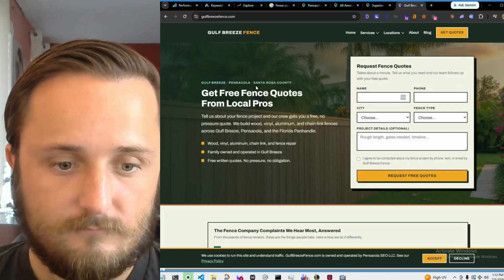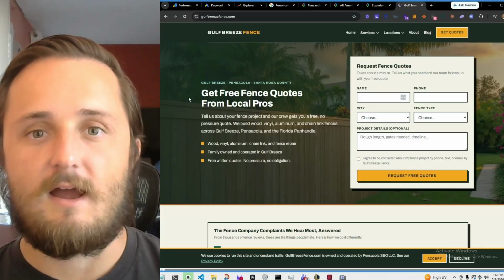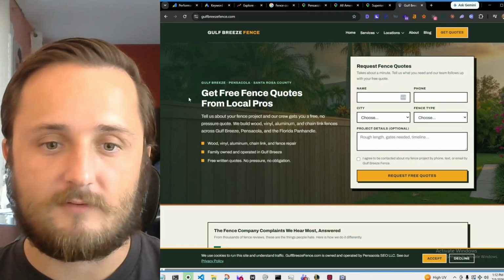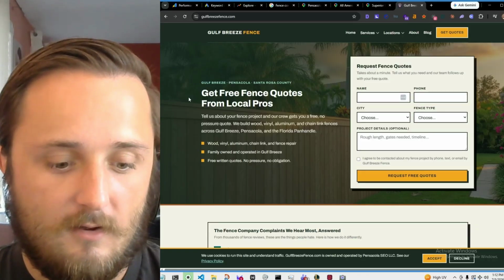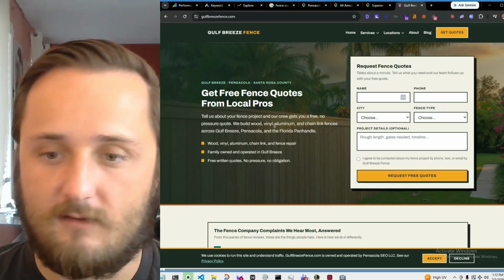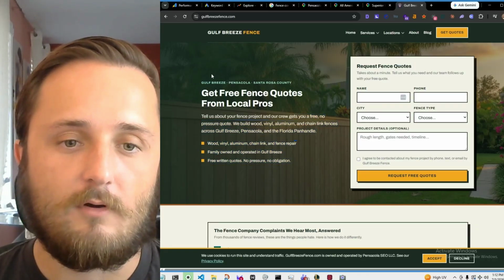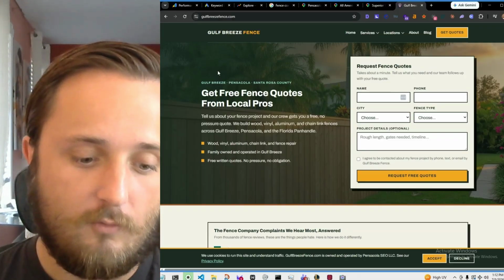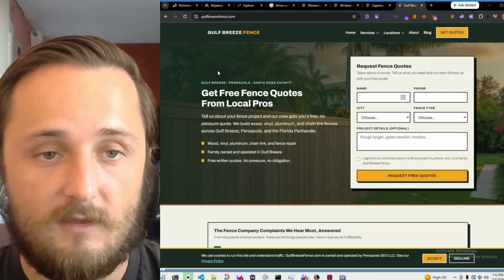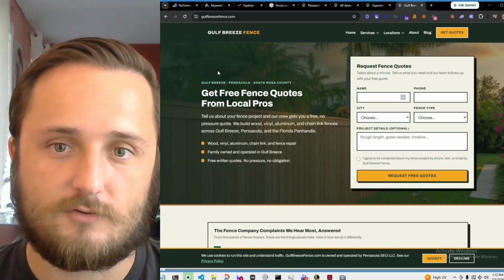And so when I'm going to build a website to rank as a fencing company, what I first think about is how I want the structure of my site to look. So one of the first things I'm going to start off with is my URL structure.